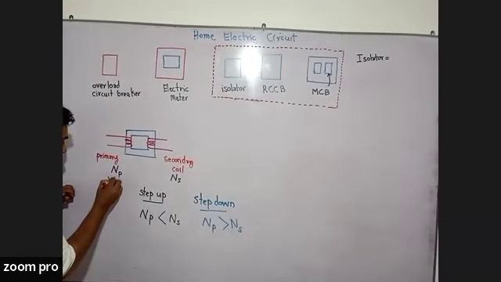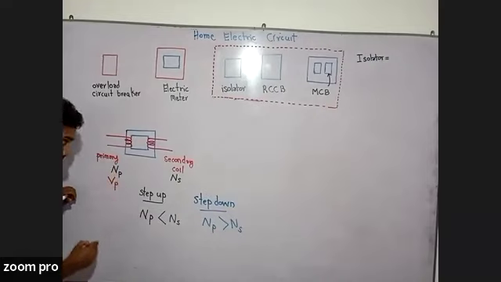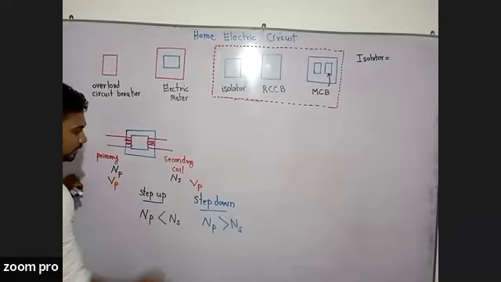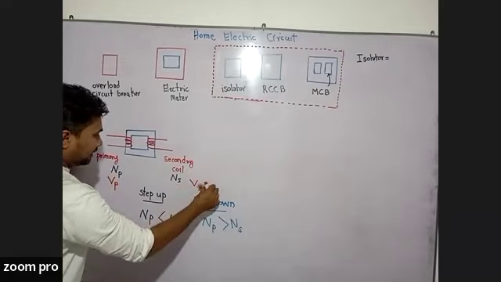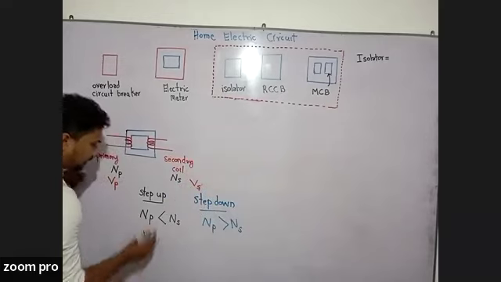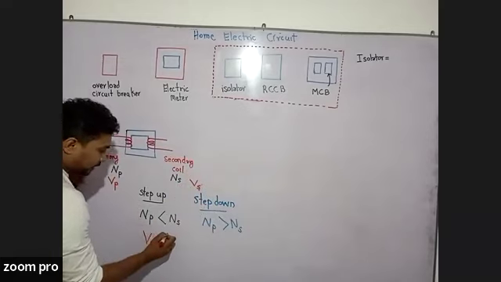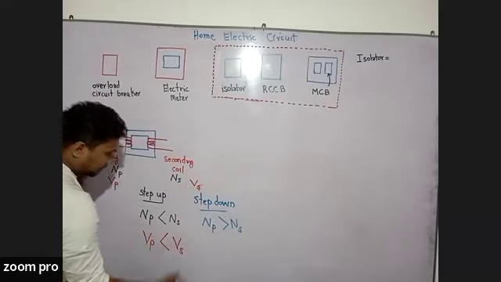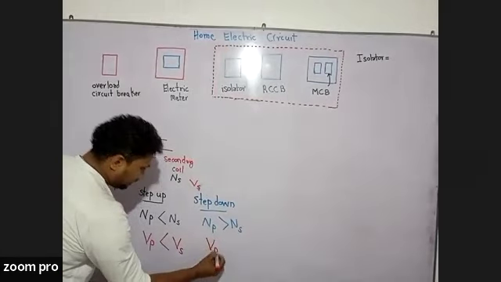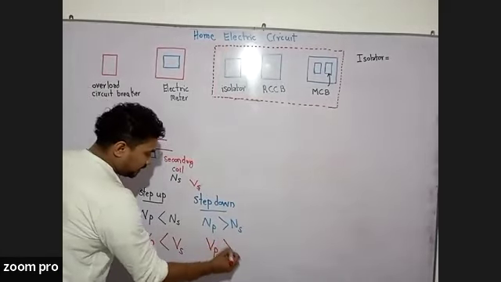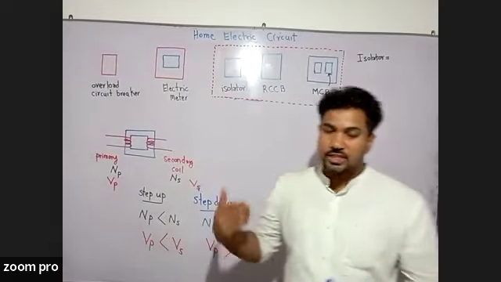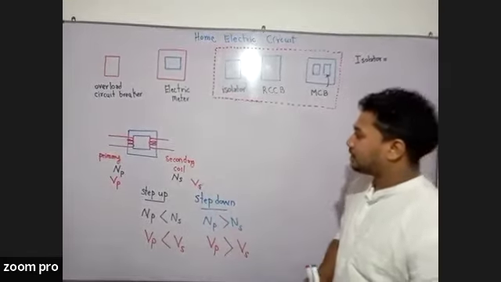Let's assume the voltage of the primary coil as VP and the voltage or potential difference of the secondary coil as VS. In a step-up transformer, the potential difference of the primary coil is lesser than VS. Likewise, in a step-down transformer, the potential difference in the primary coil is greater than the potential difference or the voltage in the secondary coil, right?